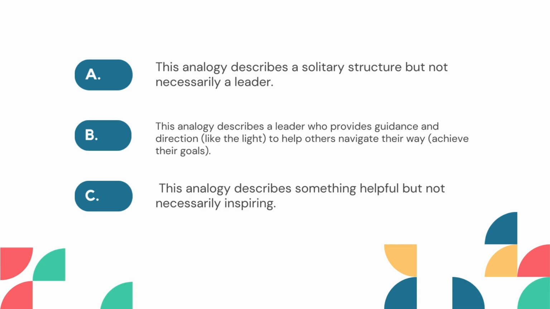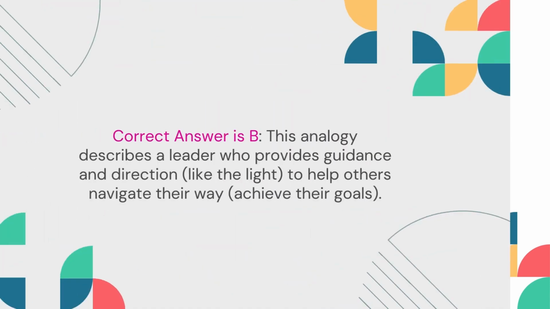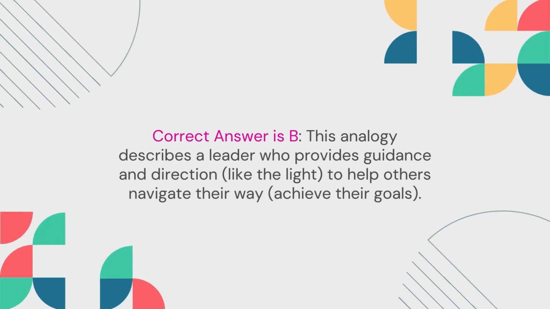Or C. This analogy describes something helpful but not necessarily inspiring. Choose the correct answer. And the correct answer is letter B. This analogy describes a leader who provides guidance and direction like the light to help others navigate their way and achieve their goals.